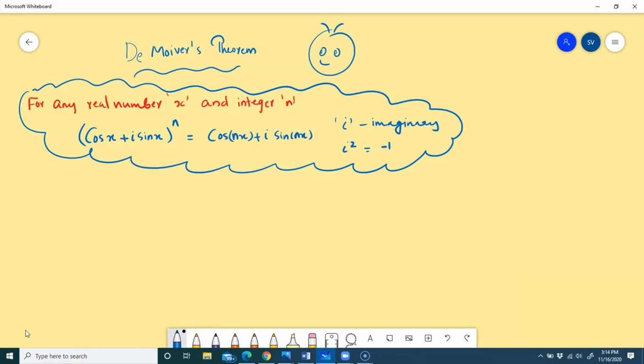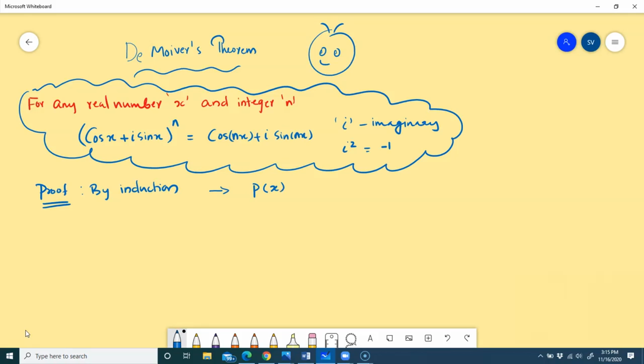Okay, and now we can start the proof. So, proof by induction. I hope you know how we can use the induction method for proving statements. So we have a statement, P of x.